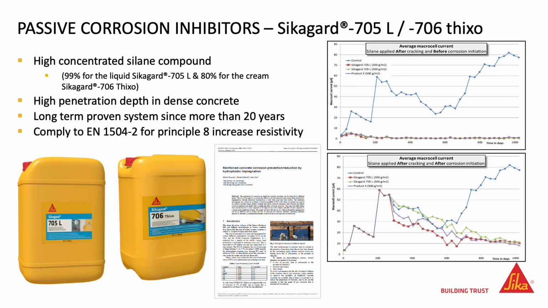These two silane compounds, Sikagard 705 and Sikagard 706 Thixo, were introduced by Sika in the mid-1990s.